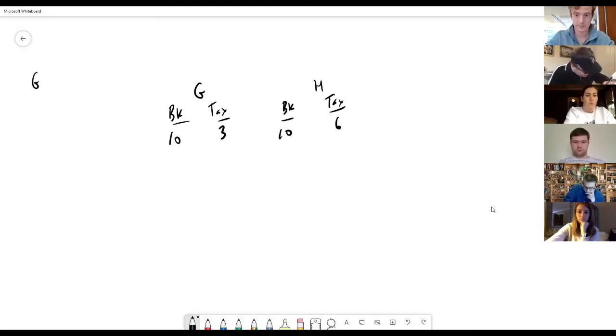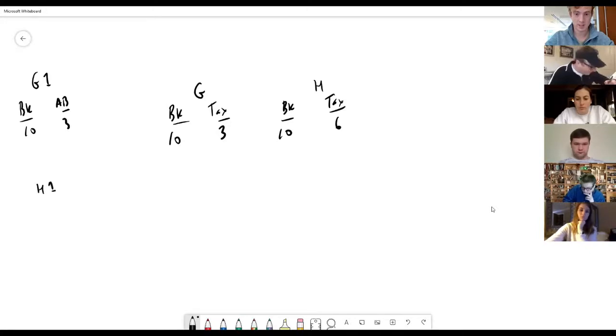And we've got G1, property contributed by G, and H1, property contributed by H. So they each have 5 years left in the recovery period.